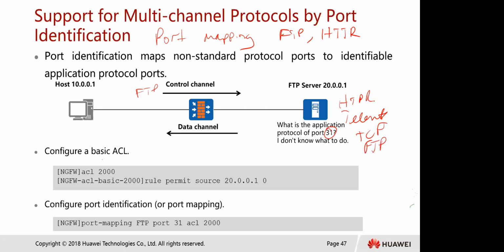In this case, we are using a dynamic or random port number, and we don't know which protocol it belongs to. But through using multi-channel protocols, or what we call port identification or port mapping, we'll be able to map our random port to our known application port.